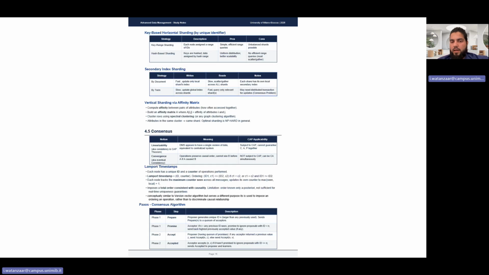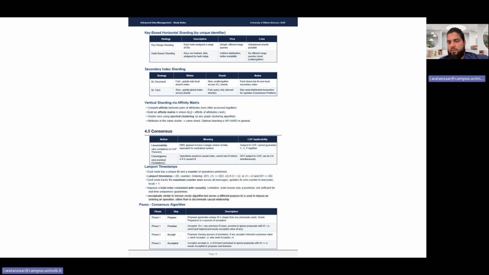One of them was the Lamport timestamp, but it also had limitations that may not suit the application we are developing: the order is known only a posteriori, not sufficient for a real-time uniqueness guarantee.